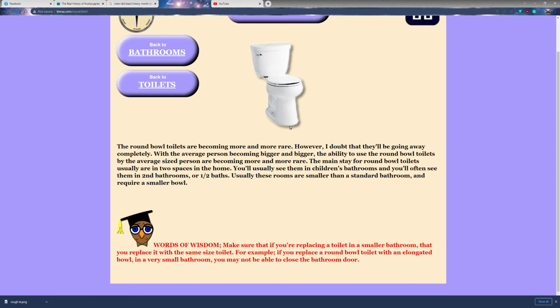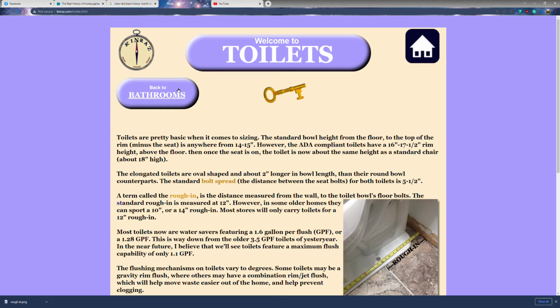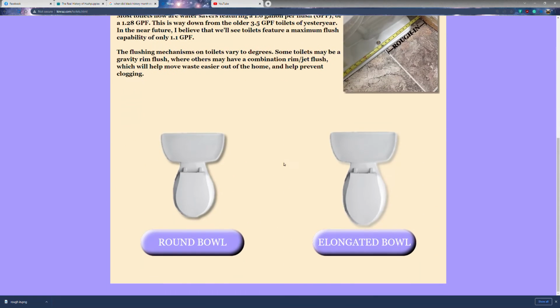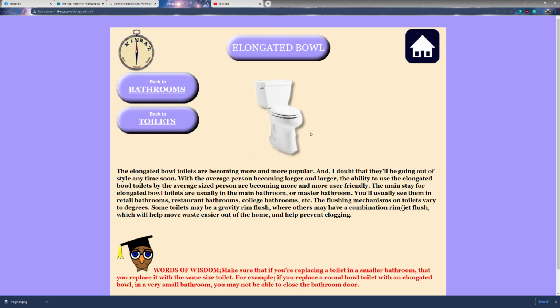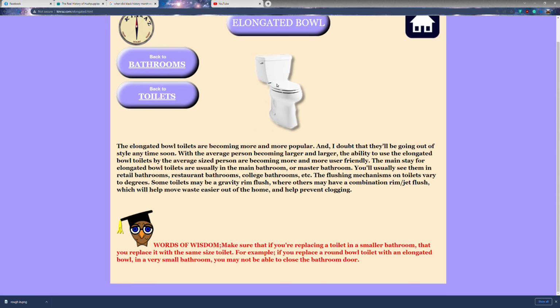The one thing you want to look out for is, if you have a small bathroom with a round bowl in there, and you say, well, I think I want to go with a bigger bowl, so I'm going to put an elongated bowl in there, what'll end up happening sometimes is you won't be able to close the door, because the elongated bowl being 2 inches deeper can interfere with the swing of the door, the door's clearance.